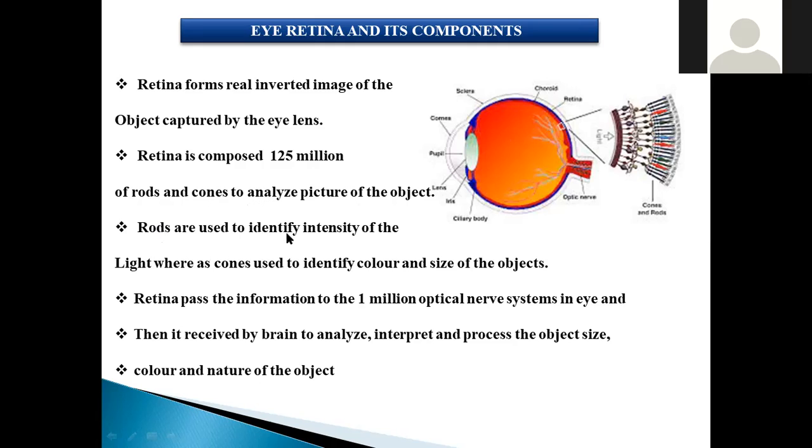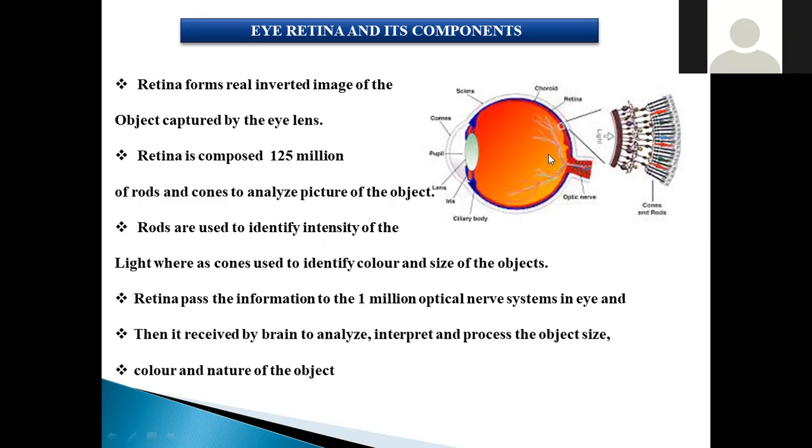Rods are used to identify the intensity of the light. The strength of the light is analyzed by these rods, and cones are essential to identify the size and color of the object. What color the object in front of the eye is and what its size is can be analyzed using these cones. Cones are used to visualize colors, and rods are used to identify the intensity of the light.